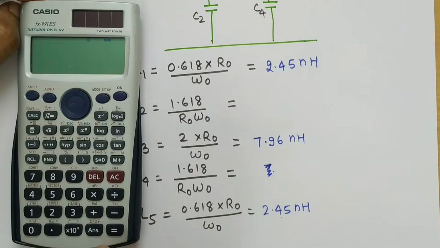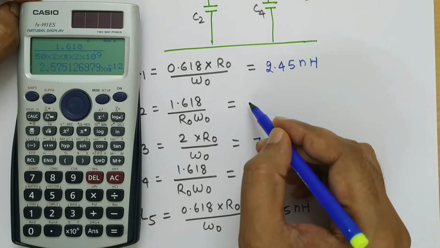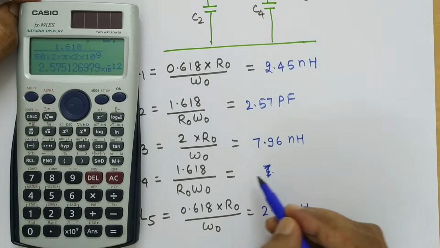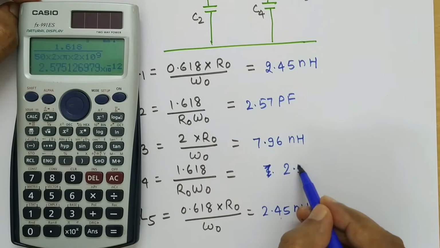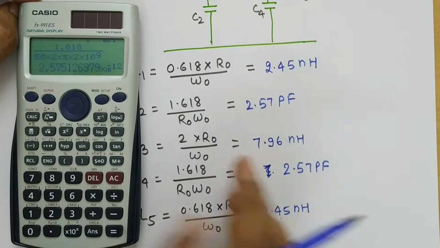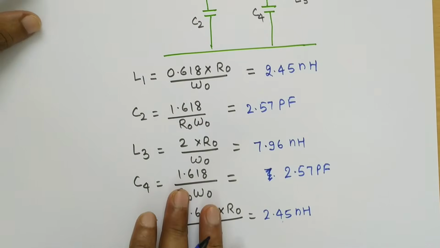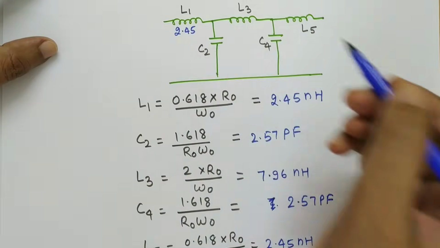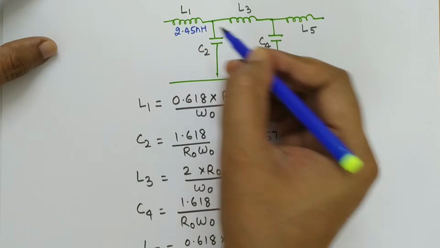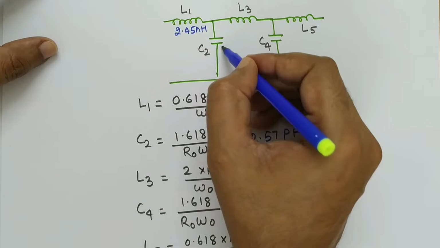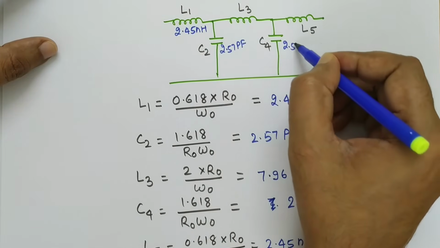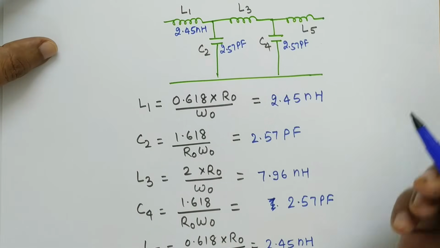So this value is 2.57 picofarad, and this is also 2.57 picofarad. So we have designed this, and you can write the value here, 2.45 nanohenry. This is 2.57 picofarad. This is also 2.57 picofarad.